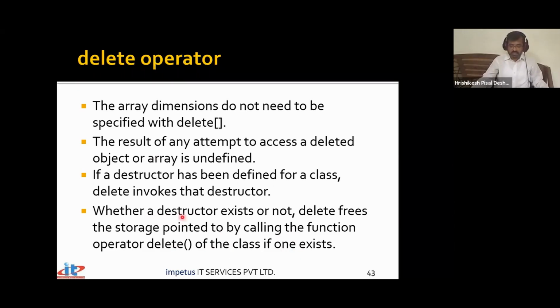So when I say delete PTR, and the PTR points to some class object, whether that class has a destructor or doesn't, the memory will definitely be released. But if it has a destructor, then the destructor will get called first, that will clean up that particular block of memory and then release the memory.